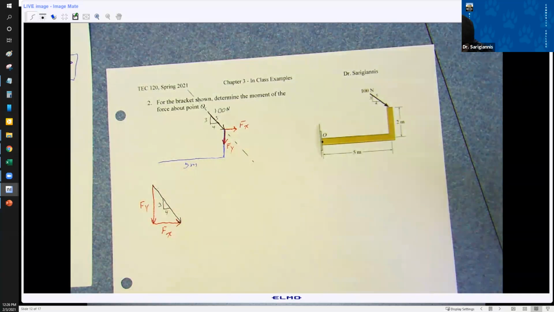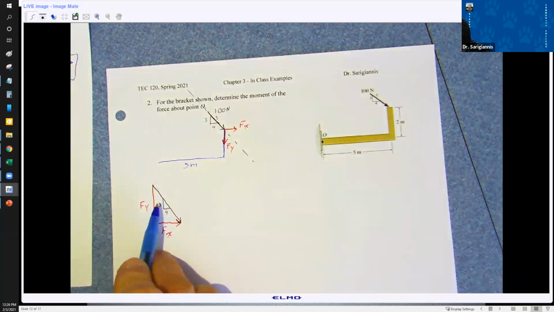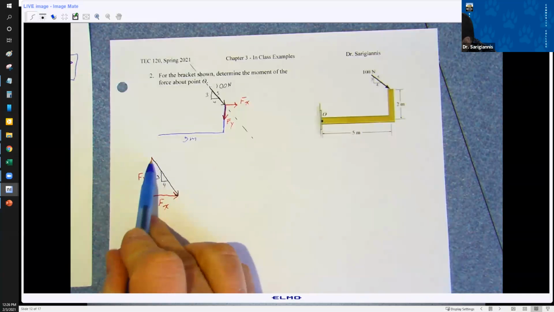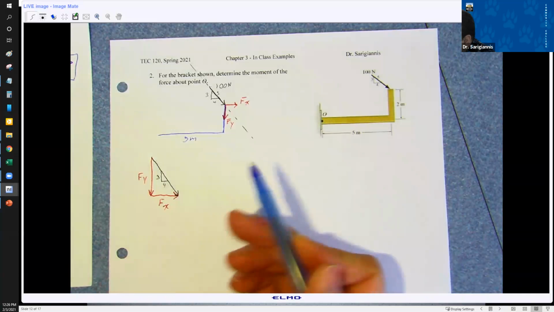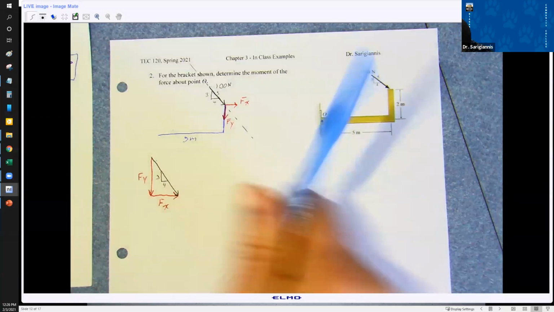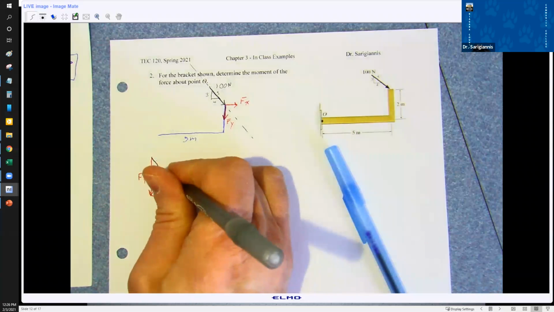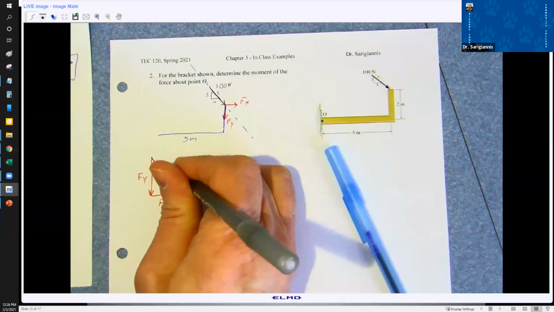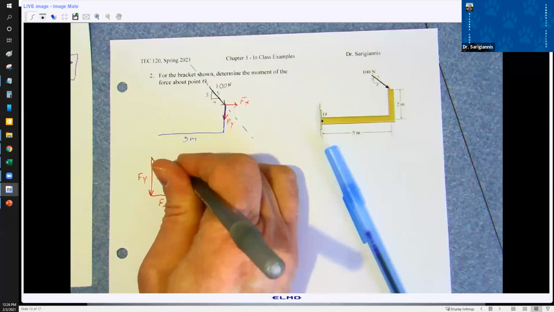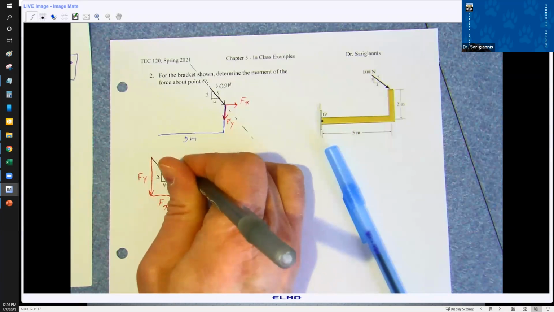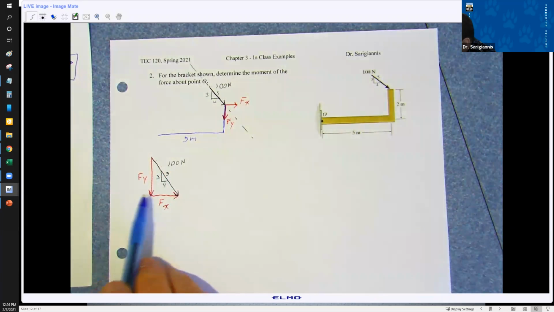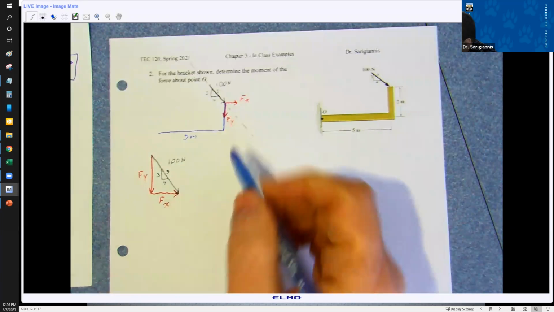So we can write out the forces as a function of this similar triangle, right? This is the small triangle, and this is the big triangle, and it's basically similar. It's 3, 4, 5. This hypotenuse of 5 corresponds to 100 newtons, and each of these sides corresponds to the force.